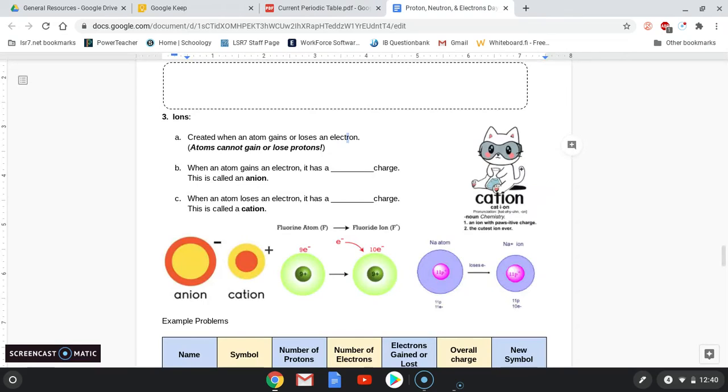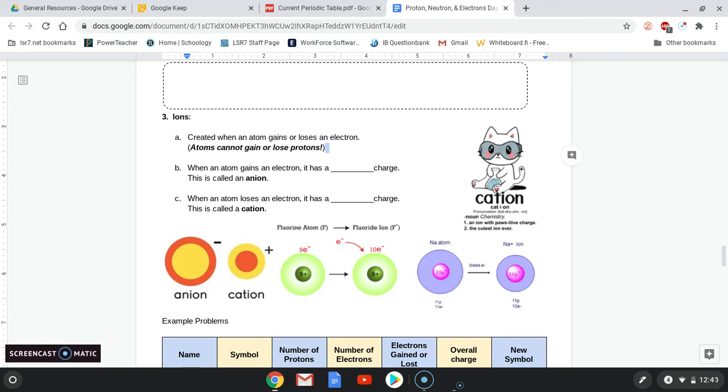When an atom loses an electron, it gets a positive charge because, see, now it doesn't have as many minuses. So if it loses a minus, it has a plus charge. So when an atom loses an electron, it has a positive charge, and we call it a cation. And so then there's your fun graphic over there. There's your cation right there. And see, it's a cat.